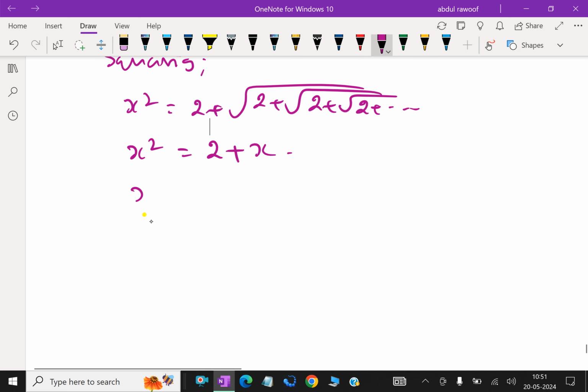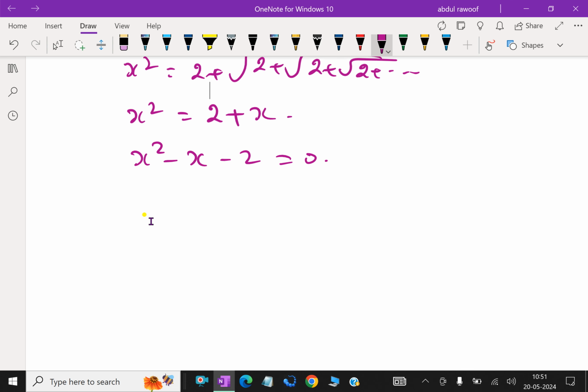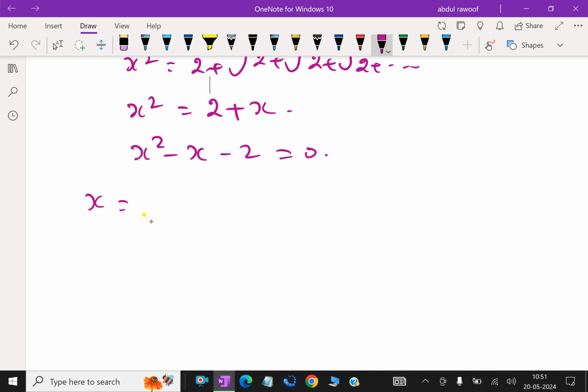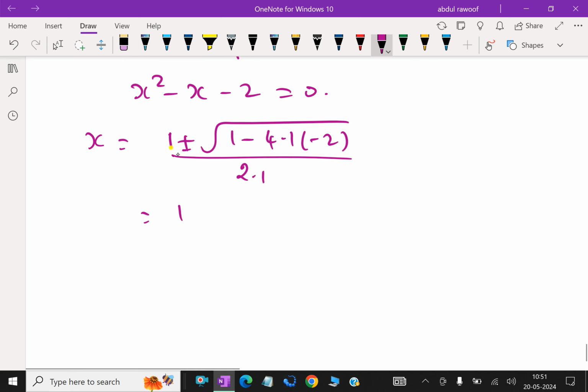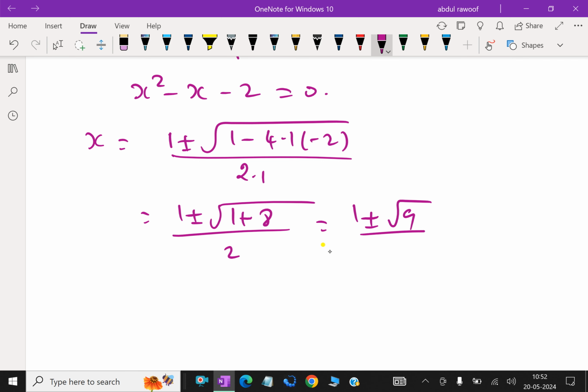Now combining, x square minus x minus 2 equals 0, it's a quadratic equation. By solving with the quadratic formula, x equals minus b, minus of minus 1 is 1, plus or minus root of b square, minus 1 square is 1, minus 4, a is 1, c is minus 2, over 2 into 1, which is equal to 1 plus or minus root of 1 plus 8, because minus 4 into 1 into minus 2 is plus 8, which is equal to 1 plus or minus square root of 9 over 2.